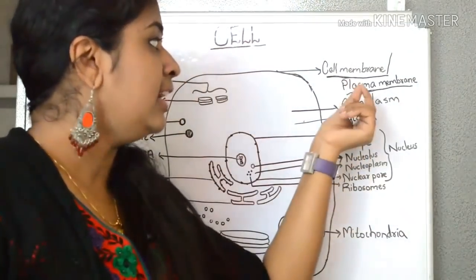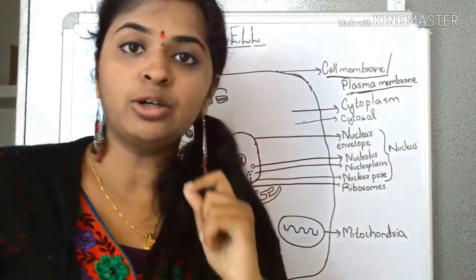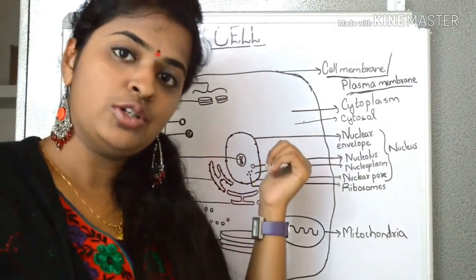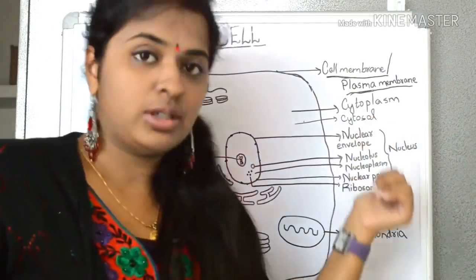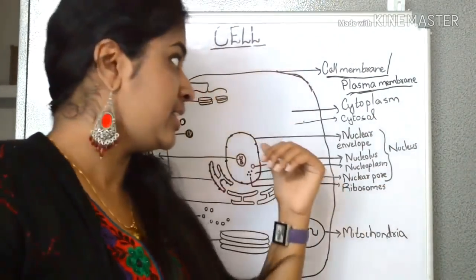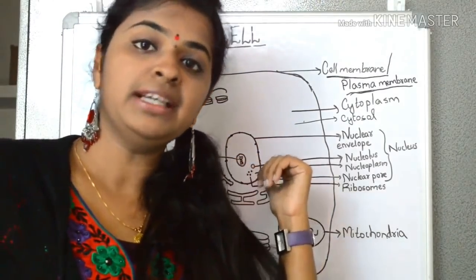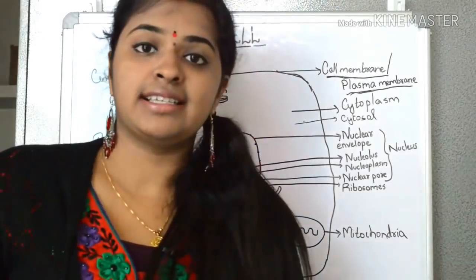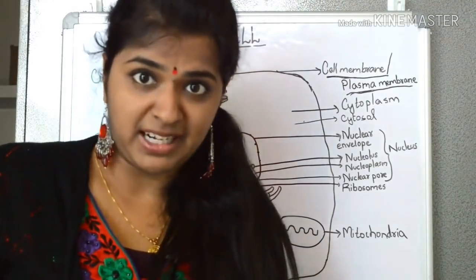So it will allow only particular things to come inside the cell and also to go outside the cell. For example, oxygen will enter into the cell and carbon dioxide will be removed from the cell. So this cell membrane is a selective semi-permeable membrane.